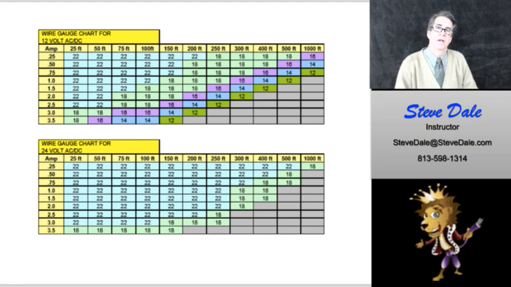You might have to do what? Increase the conductor size. Now that doesn't mean increase the number, right? The number is going to be smaller when you increase the conductor size. Okay, it's the inverse of that.